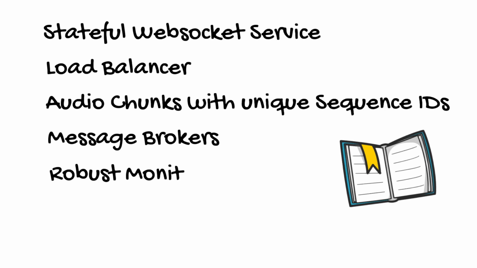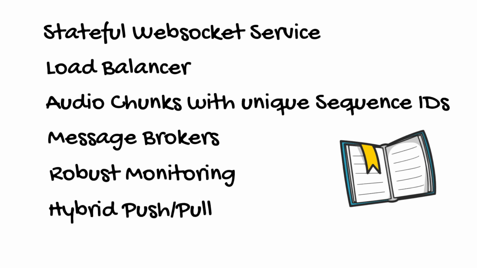Robust monitoring detects connectivity issues, adjusts quality dynamically, and identifies missing chunks to maintain a smooth user experience. To handle surges in traffic while maintaining reliability, a hybrid push-pull mechanism between transcription storage and the WebSocket server balances throughput with safe retry logic for recovering lost chunks.